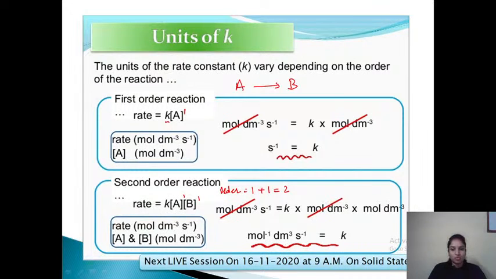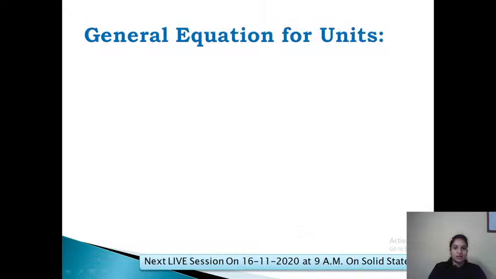Concentration of A is mole per dm cube, concentration of B is mole per dm cube. So 1 mole per dm cube, 1 mole per dm cube gets cancelled. Then this mole per dm cube, if you bring it to the other side, it will be mole inverse dm cube second inverse, right?